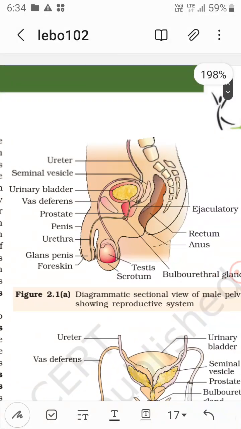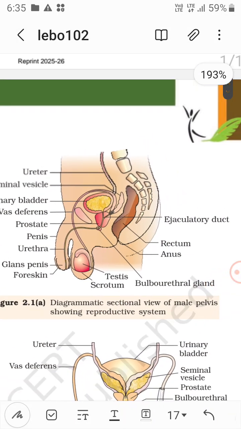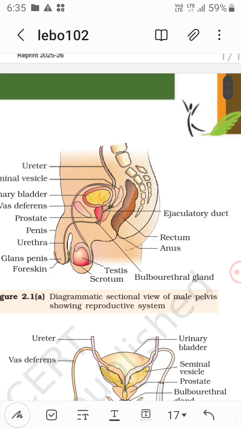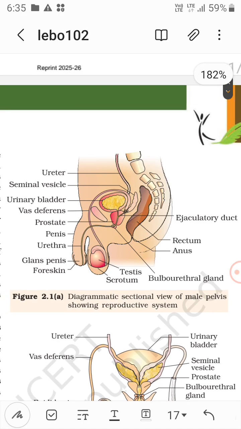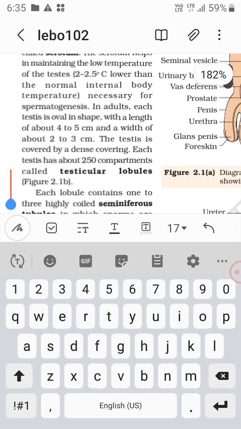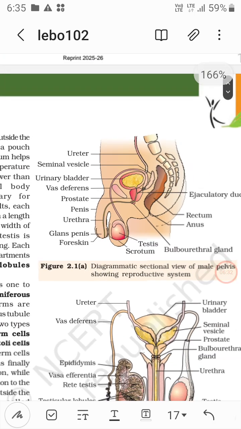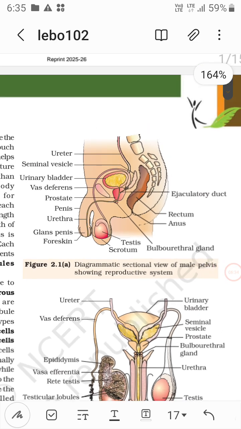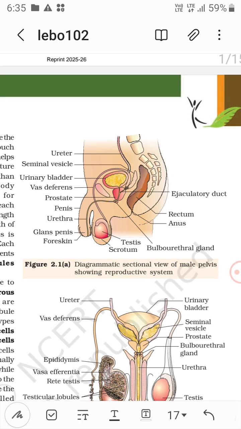You can see here that the male reproductive system is present in the pelvic region of the male, right? Starting from the penis, you can see the ureter, the seminal vesicle, the urinary bladder, the vas deferens, and the prostate.